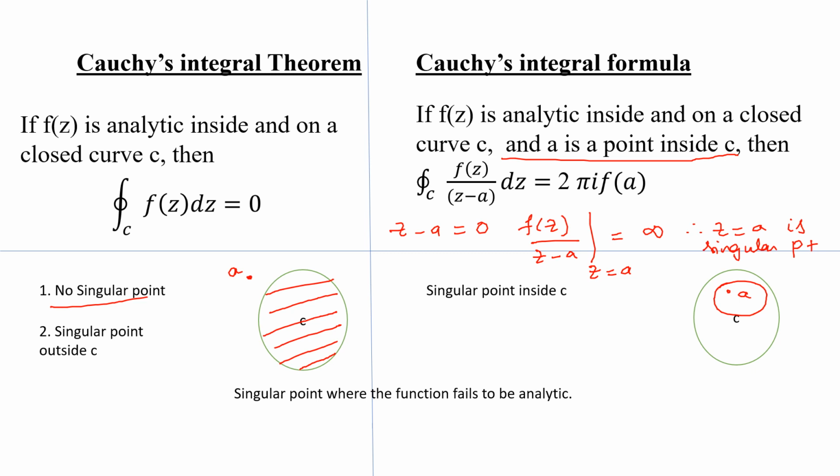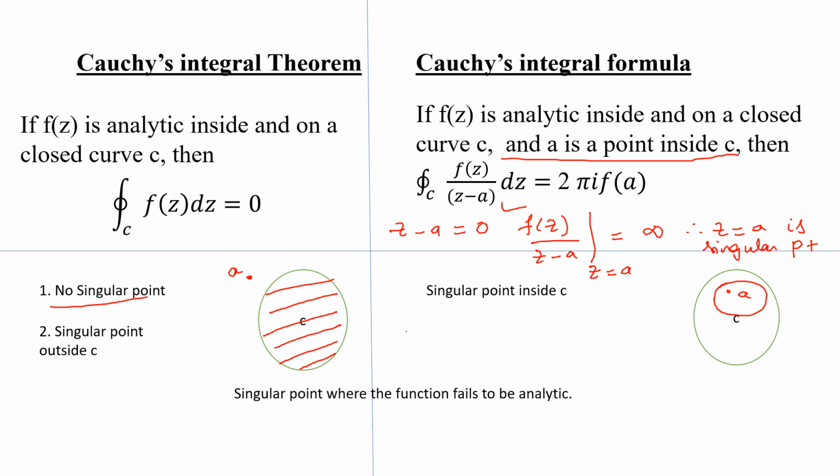So I hope you understood what is meant by a singular point. Singular point means where the function fails to be analytic. See here, f of z is already analytic. z minus a, being a polynomial, is also analytic. f of z upon z minus a, being a rational function, is also analytic except at the point a, because at z is equal to a the denominator becomes 0 and hence the function does not exist.